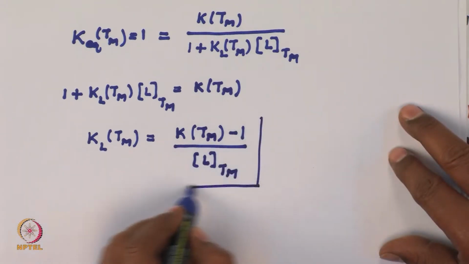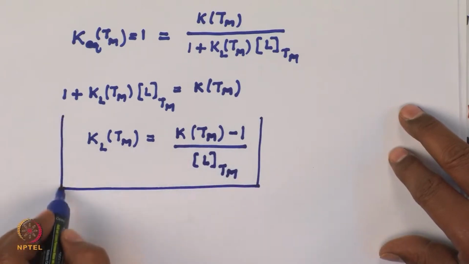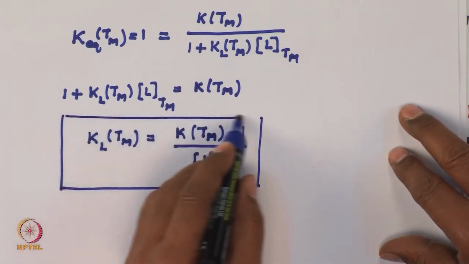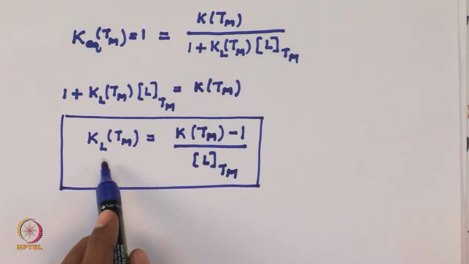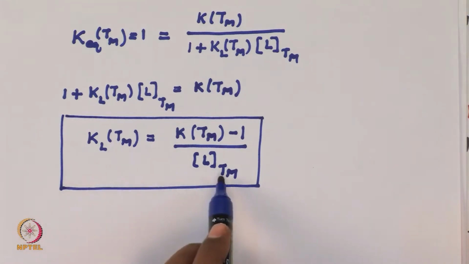This result connects with the Kl and the concentration of ligand at Tm.